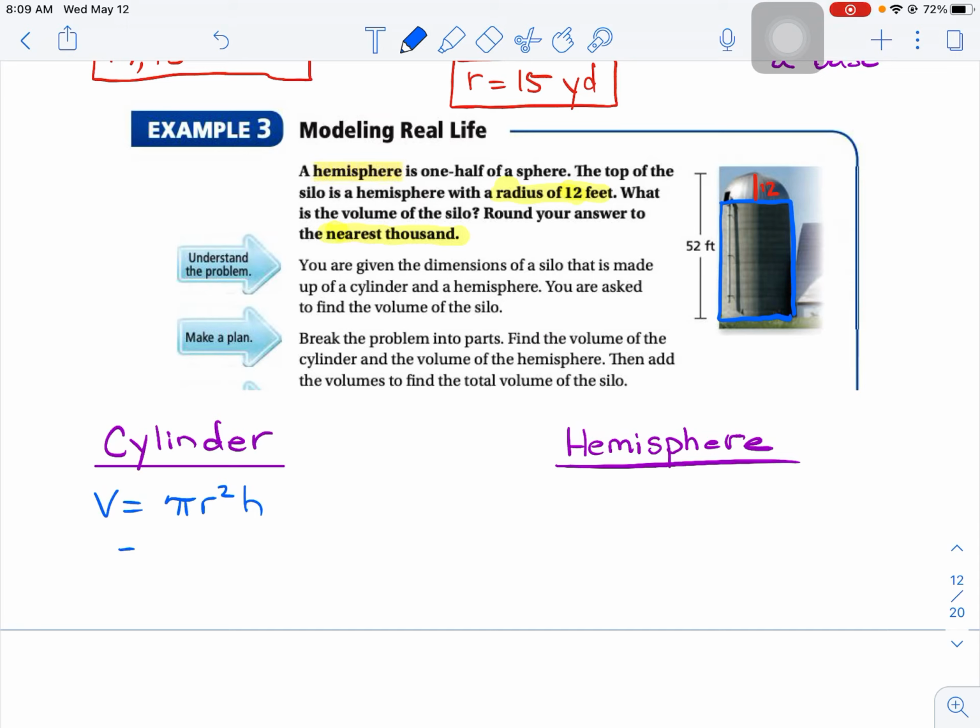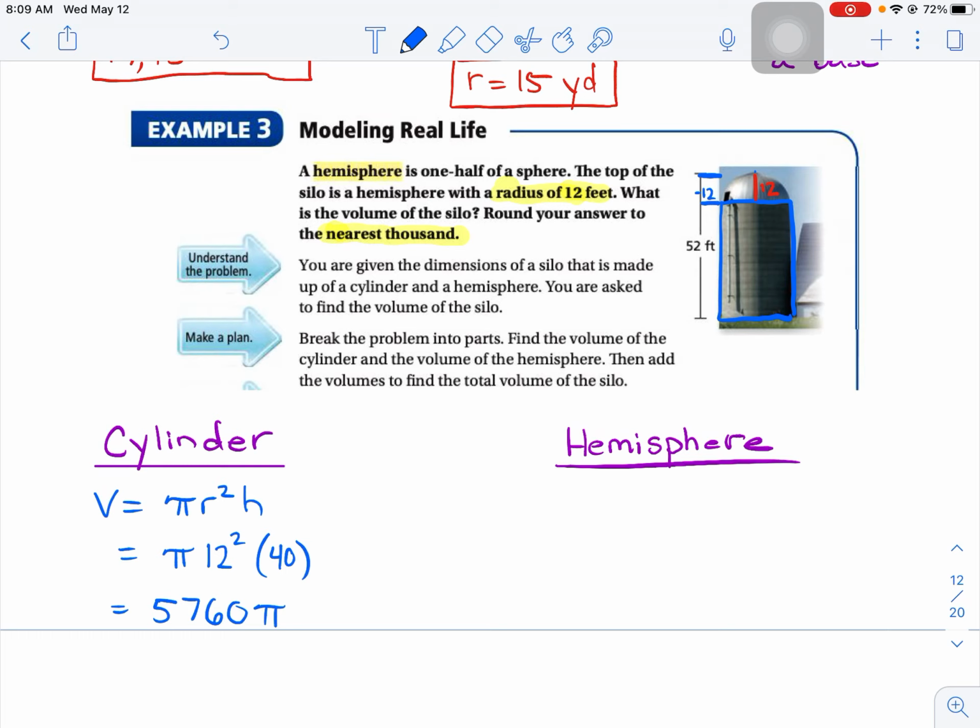So if we plug that in, I get pi, my radius was 12, and the height of the entire figure is 52. If I take away that 12, which is this top part, 52 minus 12 leaves me with a height of 40, which would give me 5,760 pi. I'll figure out what that is later.